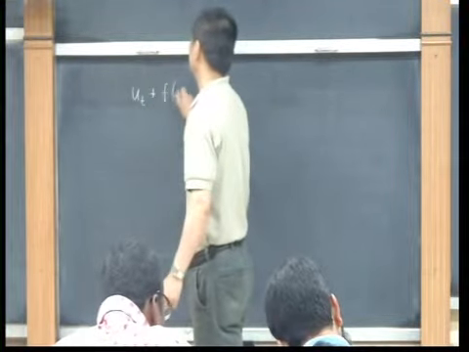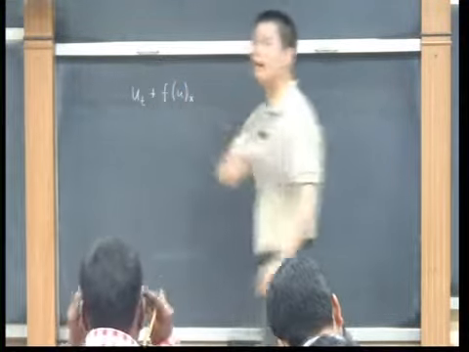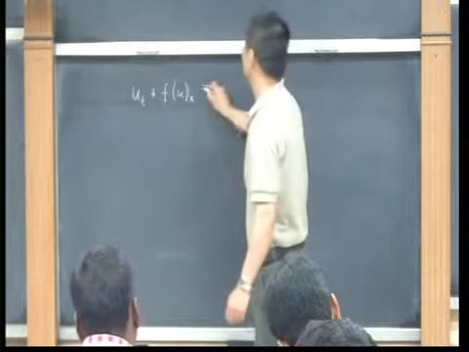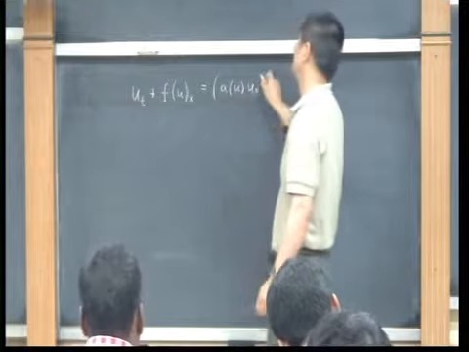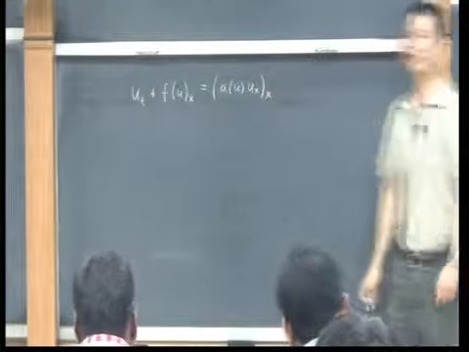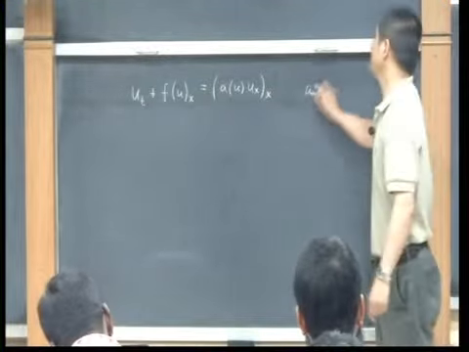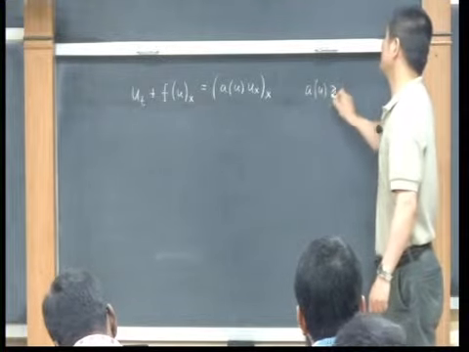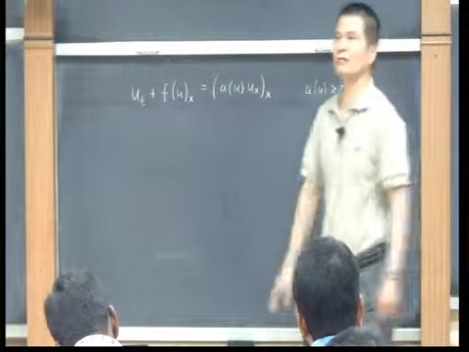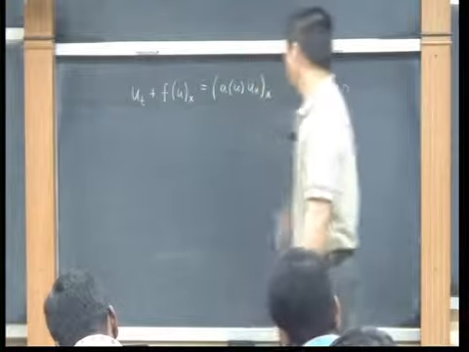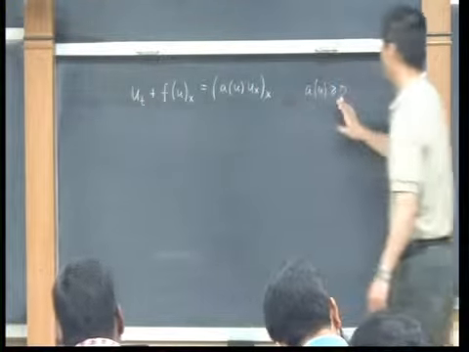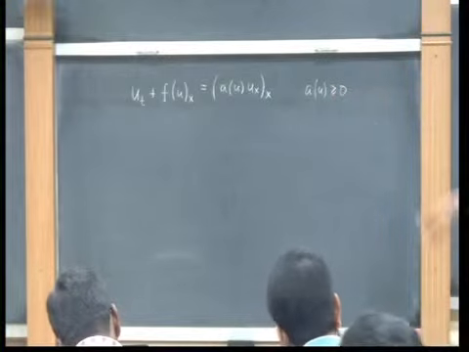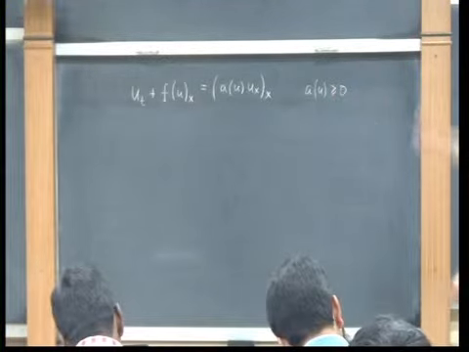Convection diffusion would have a conservation law on the left-hand side, but there is a nonlinear diffusion on the right-hand side here. a(u) is some nonlinear function, which is non-negative. If a(u) is 0, we recover the hyperbolic conservation law. If a(u) is positive, then we have a convection diffusion equation.